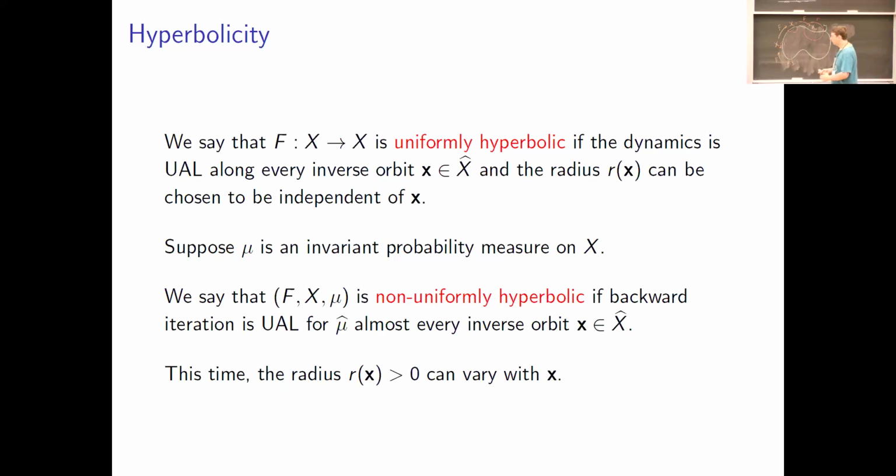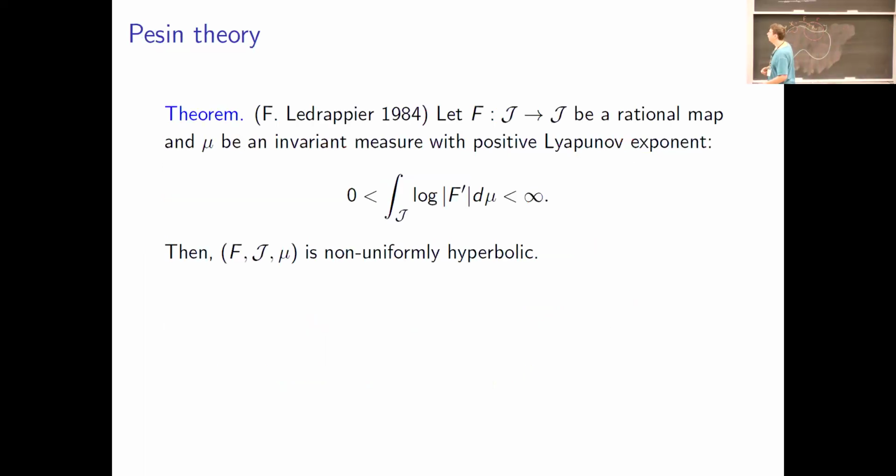So now we come to 1984, when George Orwell's book was taking place in reality. At this time, Ledrappier proved the following result. Suppose F is a rational map, and suppose it carries an invariant measure with a positive Lyapunov exponent.